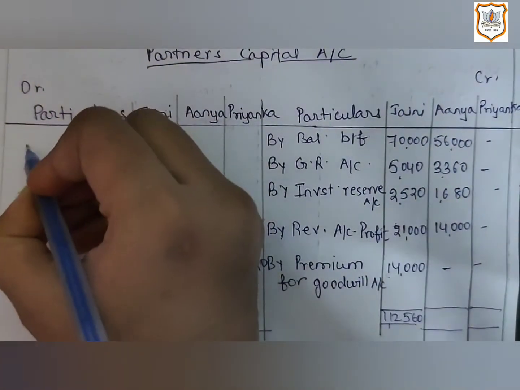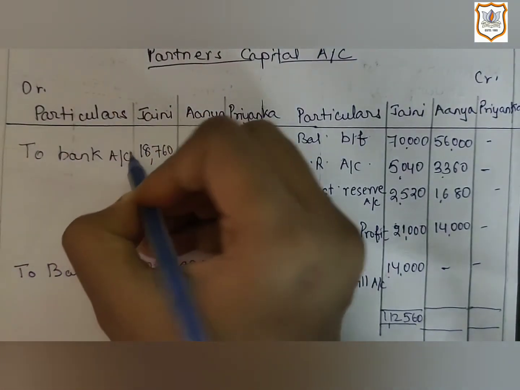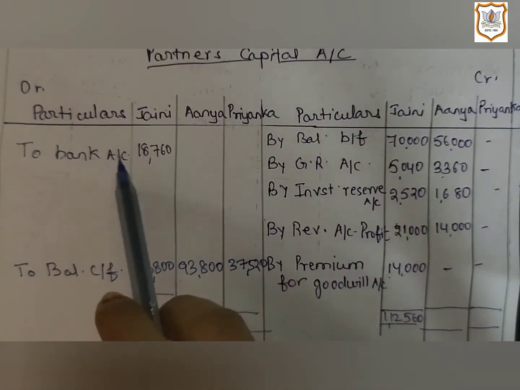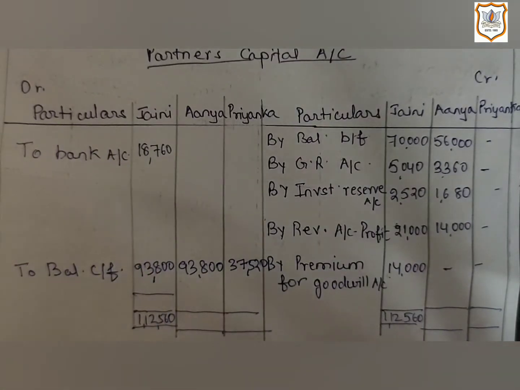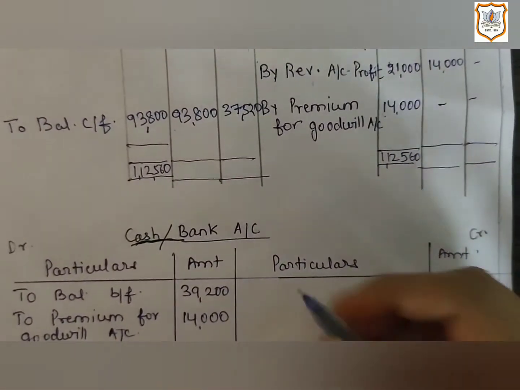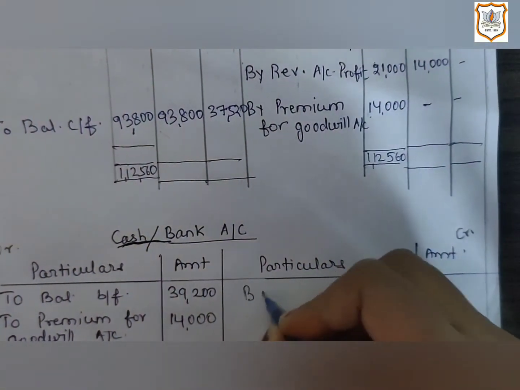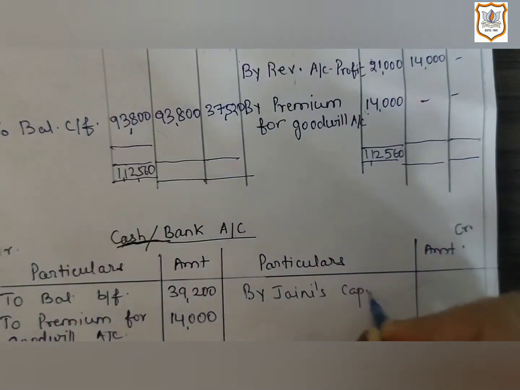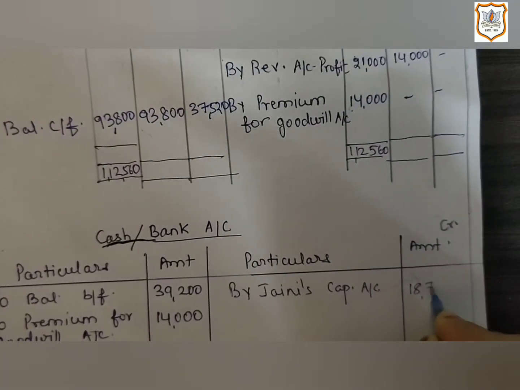So here we will write to bank account. That means 18,760 is withdrawn by Jenny, which leads to a reduction in bank balance. So its second effect will be on the credit side of the cash and bank account. Here on the credit side we will write by Jenny's capital account 18,760.